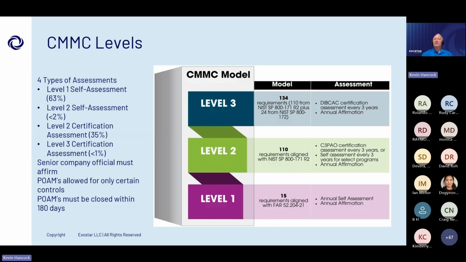There are certain instances where you may not have a control fully in effect. In those cases, NIST 800-171 and the self-assessment guidelines will tell you what controls you're allowed to have what's called a POAM, a plan of action and milestones, against. You've got 6 months from the time that they conducted your assessment and found that you weren't doing this thing to close that.